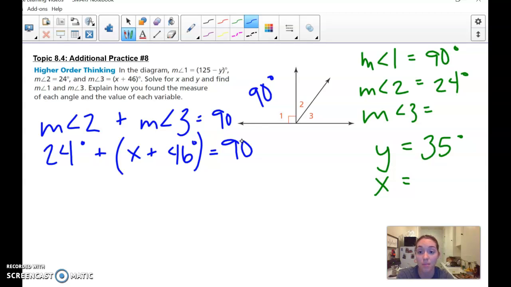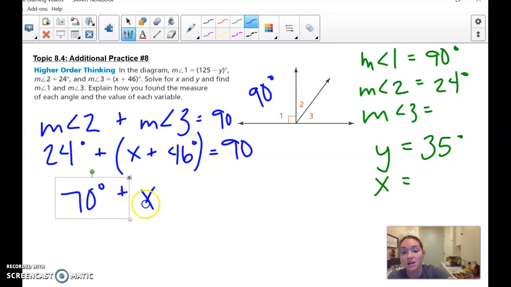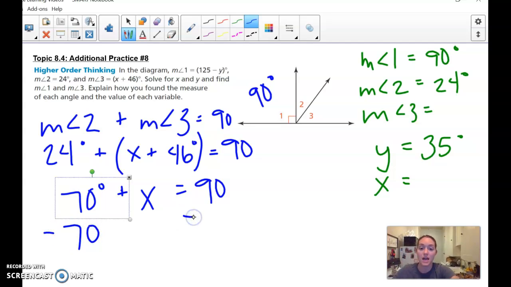So I'm going to combine 24 degrees and 46 degrees, and I'm going to end up with 70 degrees. 70 plus x is equal to 90. Now I can subtract 70 from both sides to get x by itself. X is equal to 20 degrees.